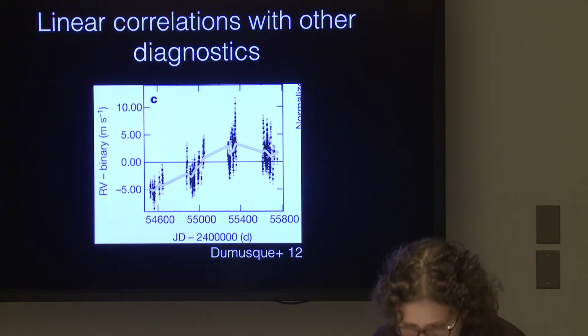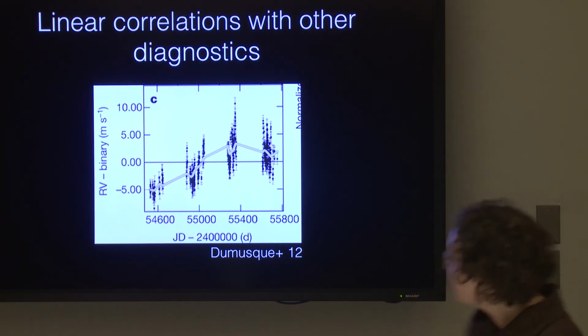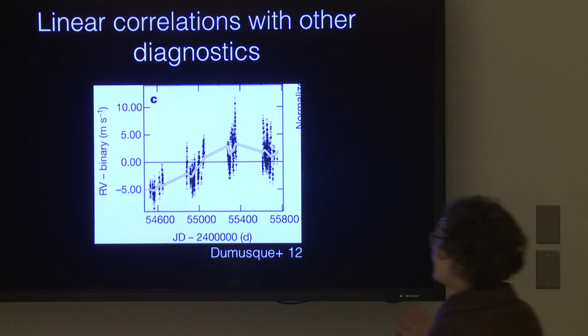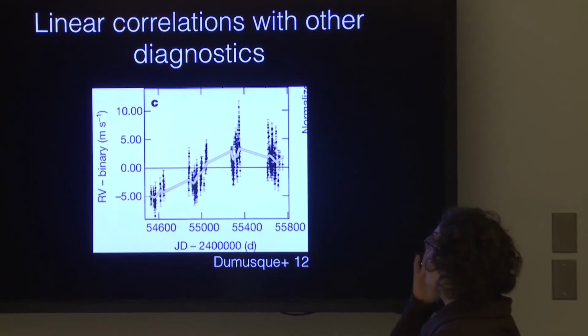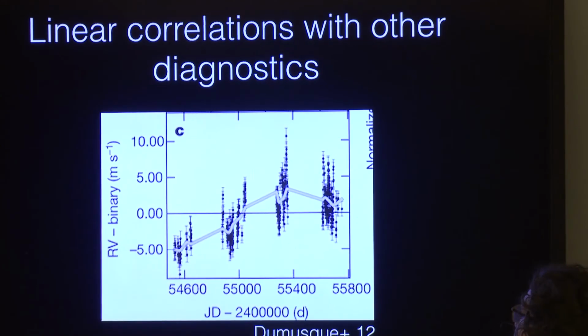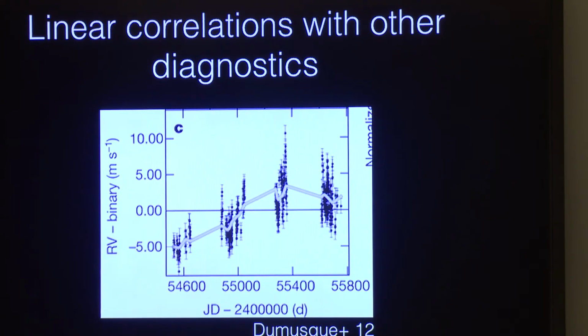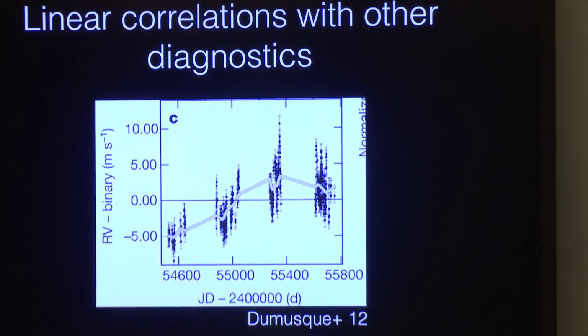Then we still have a little bit of time. One final thing that they did was to take the radial velocities and look at other diagnostics of the star and try to correlate them.